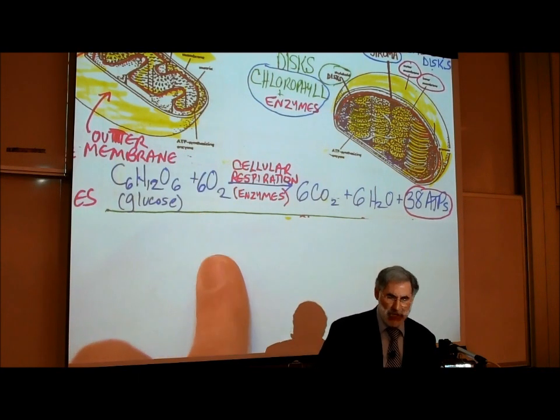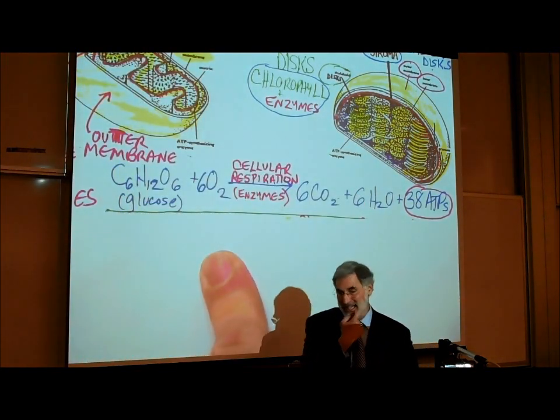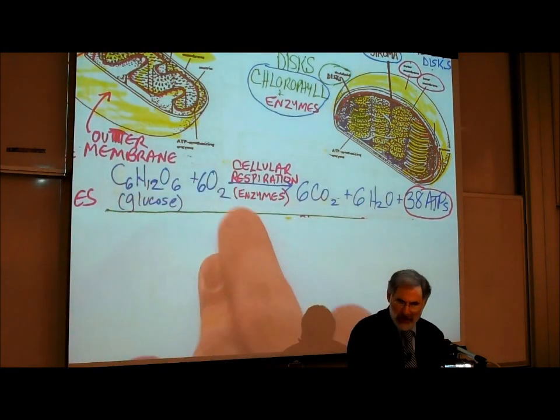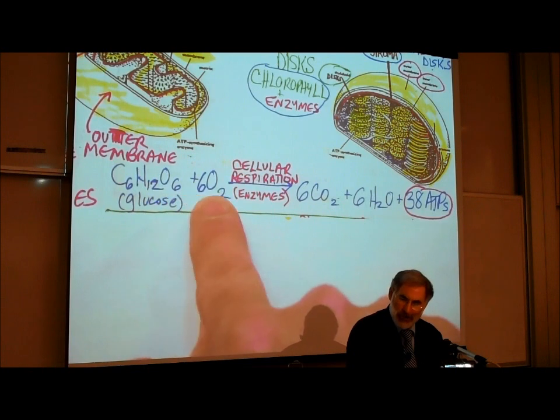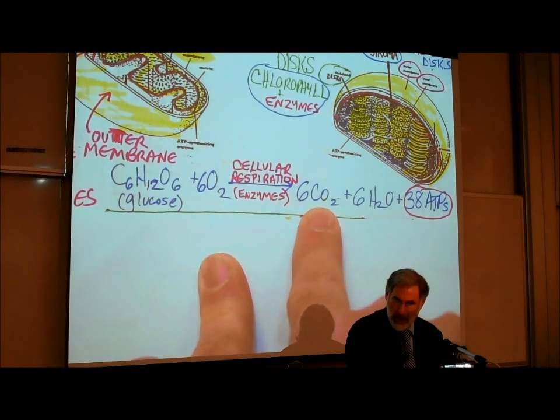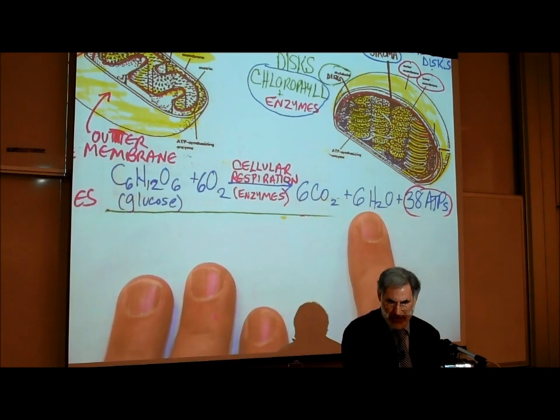Now, there's really a whole lot of enzymes involved in breaking apart the sugar with oxygen. So it involves many, many enzymes for this process called cellular respiration. The sugars are broken apart with oxygen into 6 molecules of carbon dioxide and 6 molecules of water.